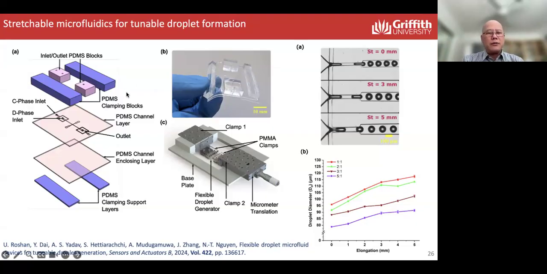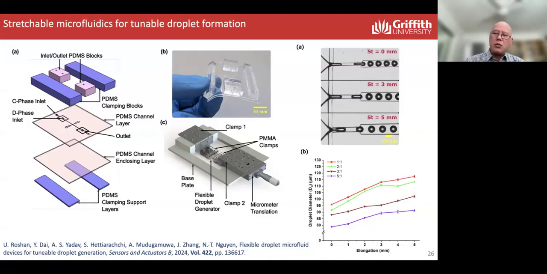And the trick of controlling the stretching is we make a flexible device, and in places where we don't want change during stretch, we make it extremely thick, right? We have all this PDMS block placed on top of the channel structure, which we don't want to deform.